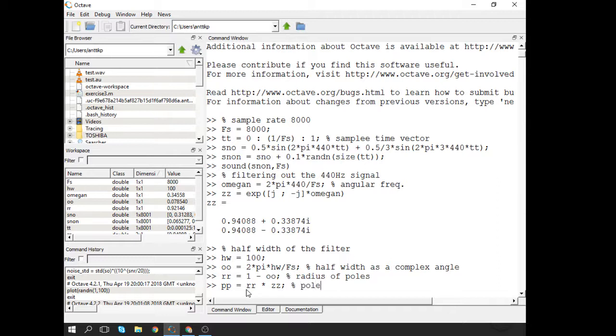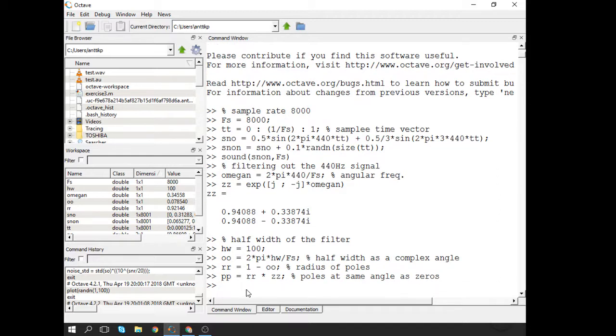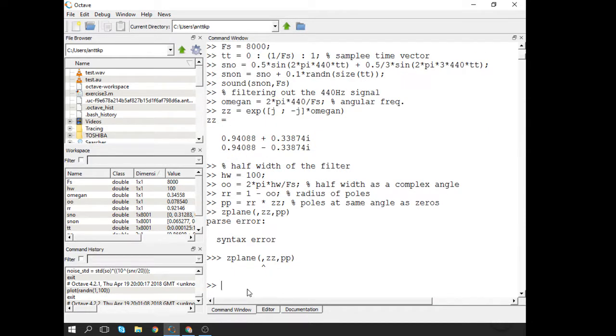So poles at the same angle as zeros, but different radius. And now I can actually do the z-plane of z and p to see.